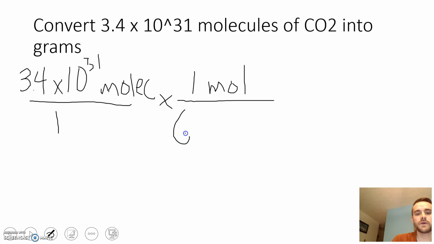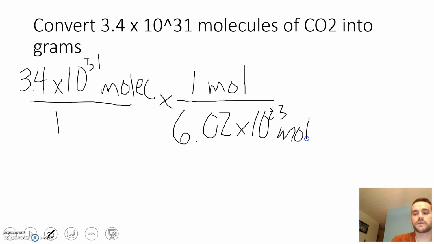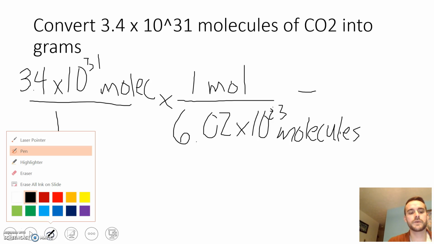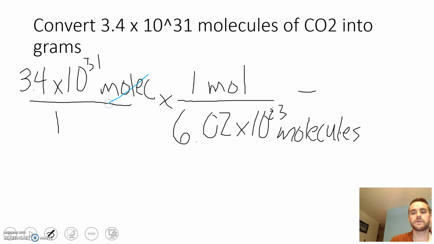So in 1 mole here, we're going to take 6.02 times 10 to the 23rd. And I know that in each mole there are that many molecules. Okay? If I multiply that through, that will allow me to cancel molecules, which is great.